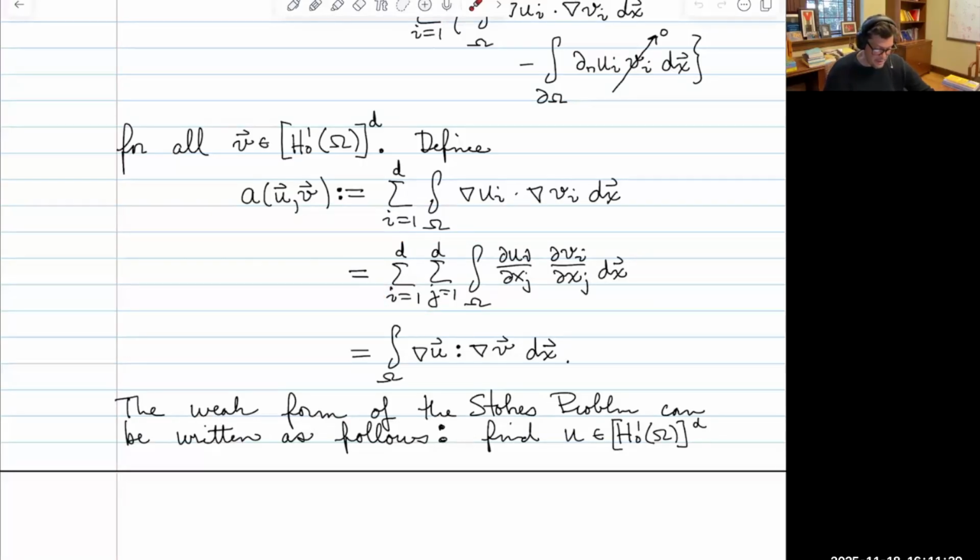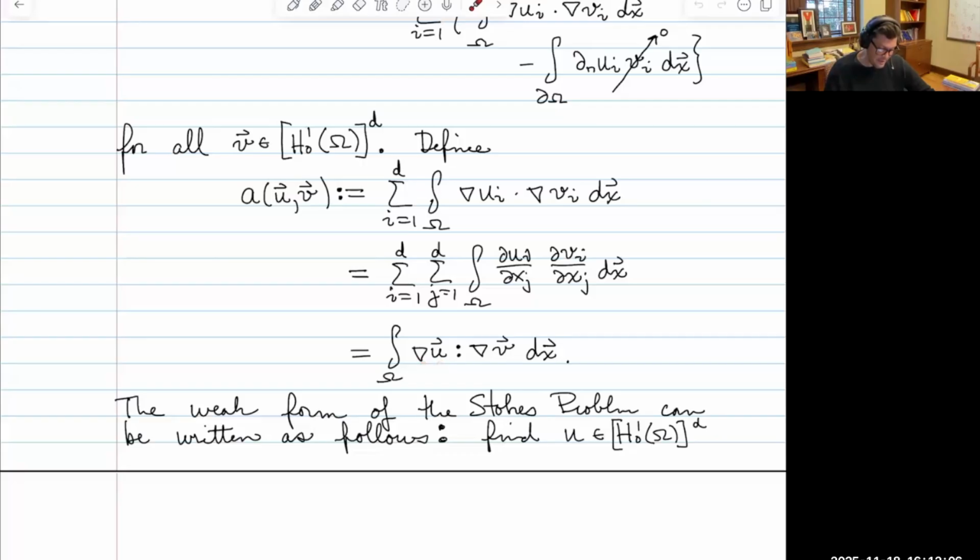Another way of writing it is using what's called the matrix inner product notation, this double dot notation. So how I can think of this operator on this vector is as follows. This is like the Jacobian of u, okay? Or I can think about it like this. This is the gradient of a vector function u.